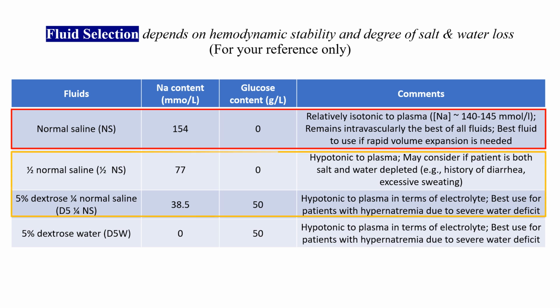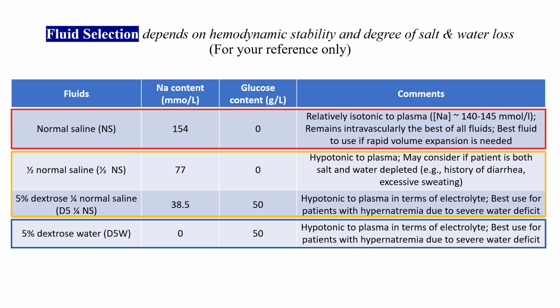Half normal saline or 5% quarter normal saline may be used in patients who need both sodium and water replacement. 5% dextrose water may be used for patients who only need free water replacement. Note that dextrose is completely metabolized by the liver.